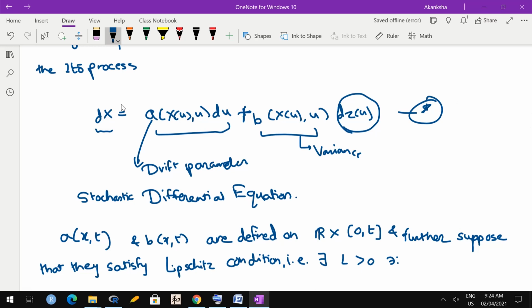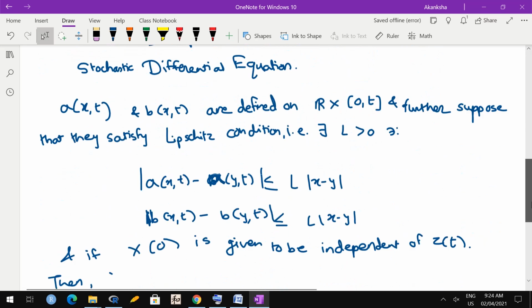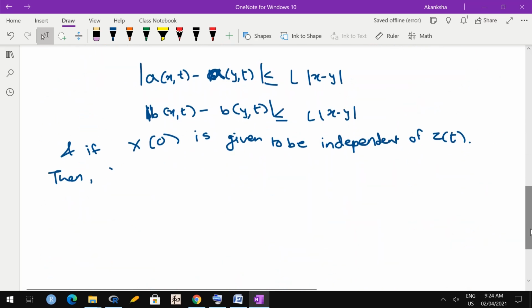Okay. So under these conditions, meaning if A and B are Lipschitz continuous and if x0 is independent of zt, then star has a unique solution. Okay, so this star admits a unique solution.